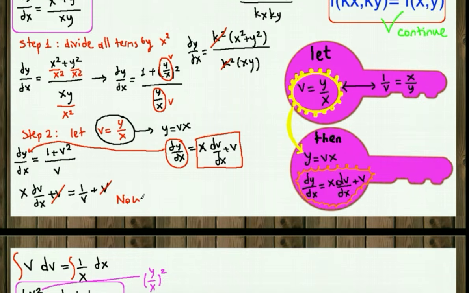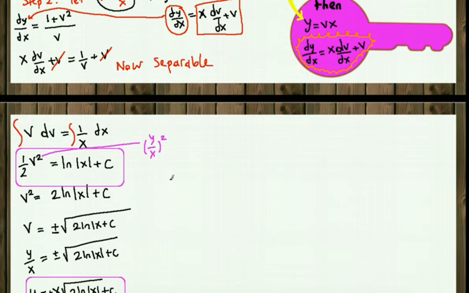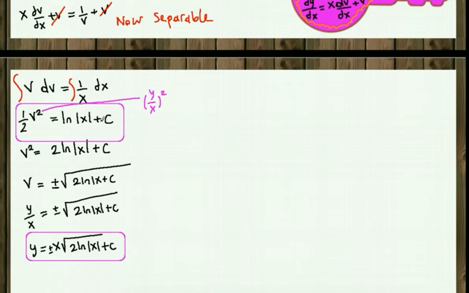So now it is separable. And then we're going to apply the separable equation form. We're going to integrate both sides, and we're going to bring the v substitution back. And then this is going to be our implicit form. And this is going to be our explicit form that we solve for y completely.